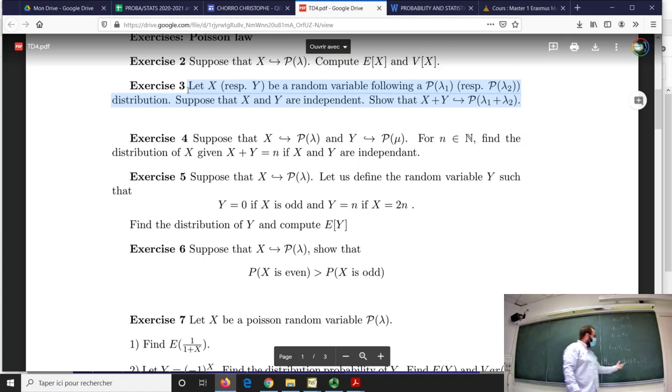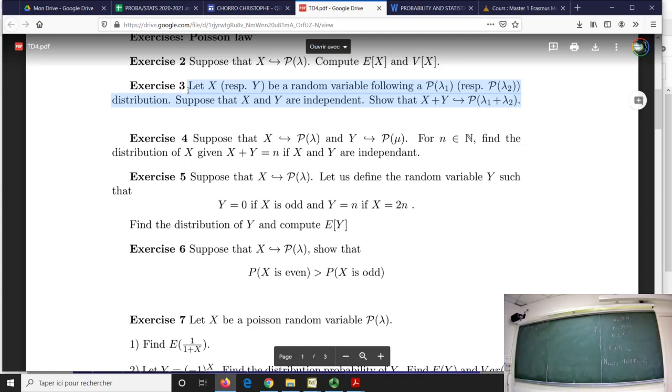So I have done the computation of each of them here, just after the definition of the moment generating function, and I obtain exp(lambda 1 (e^t minus 1)) for the first, and I multiply by exp(lambda 2 (e^t minus 1)).